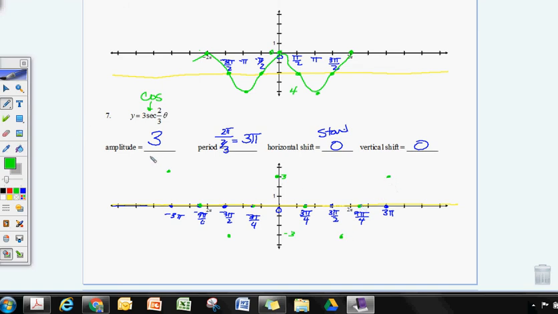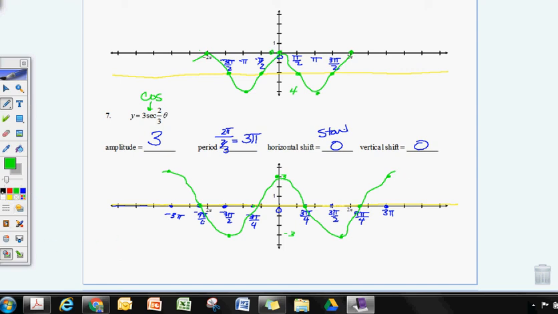Now, again, I try to make this look like a nice cosine wave, but I'm drawing on a little pad, so it doesn't always draw that nice. So that's my cosine wave.